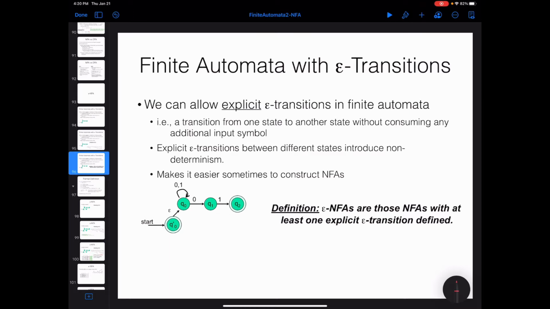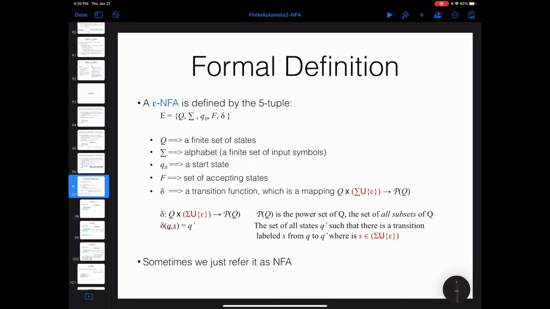Okay, so the definition of epsilon NFAs from your textbook is that any NFA that has at least one epsilon transition is going to be an epsilon NFA. The formal definition is very similar to NFA. We have again that 5-tuple: a finite set of states, an alphabet which is a finite set of input symbols, a starting state, a set of accepting states, and the transition function.